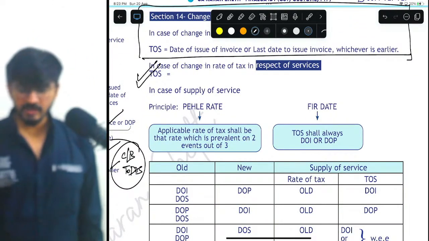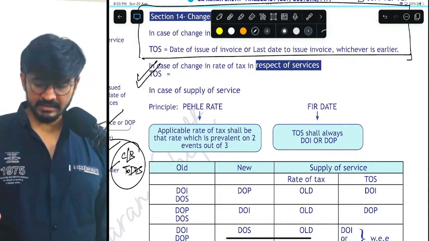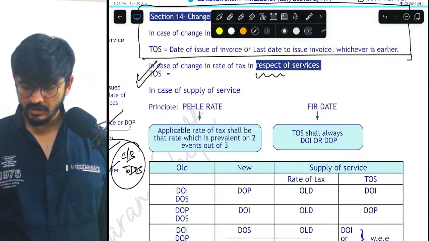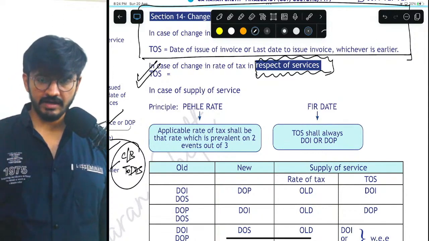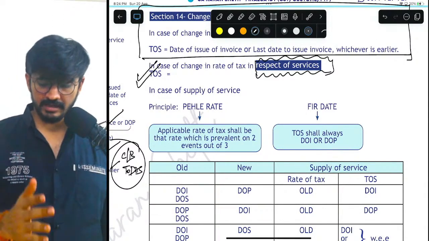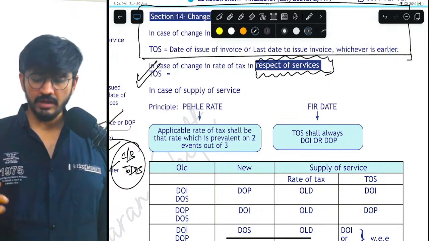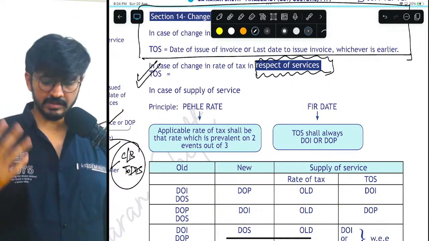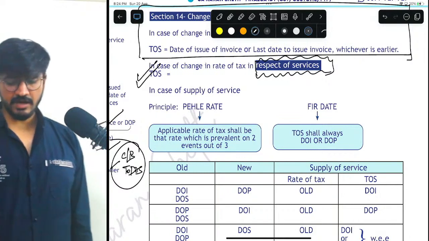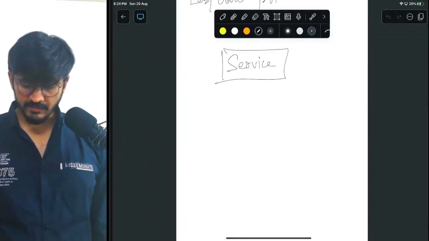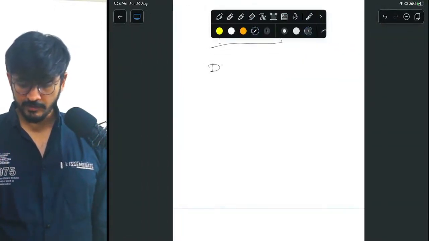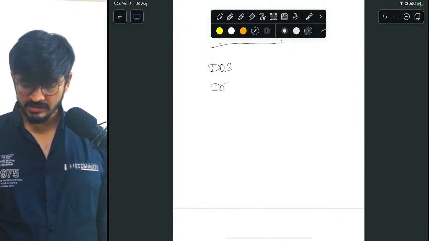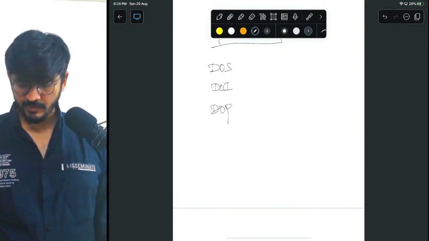So in case of change in rate of tax, when I talk about rate in respect of services, understand one thing: there are three events, right? Date of supply, date of invoice, date of payment.